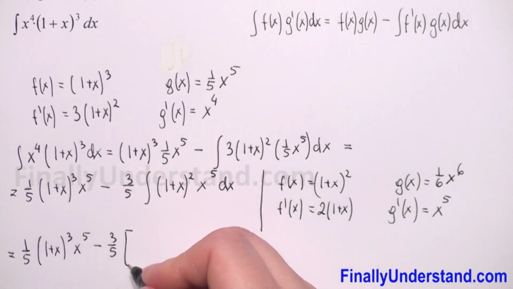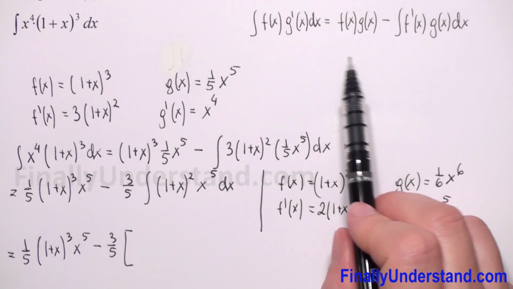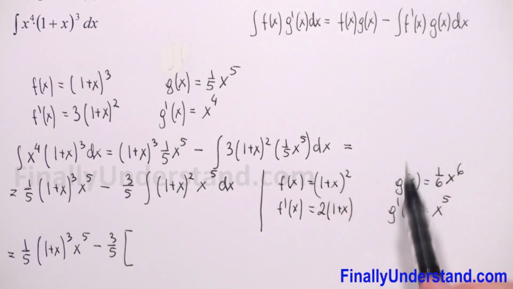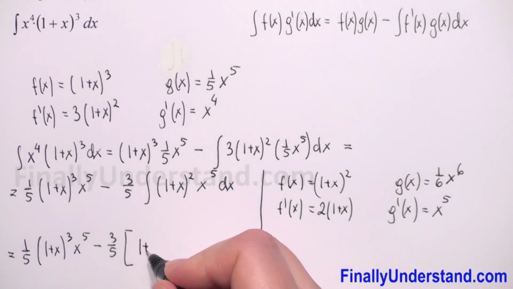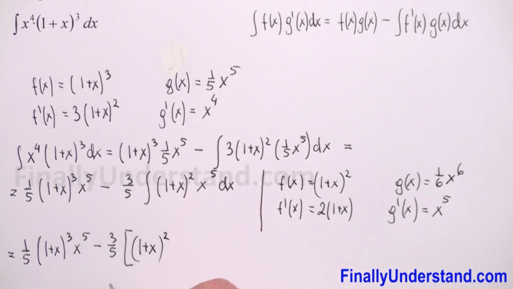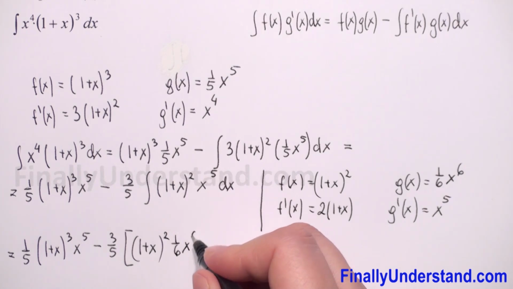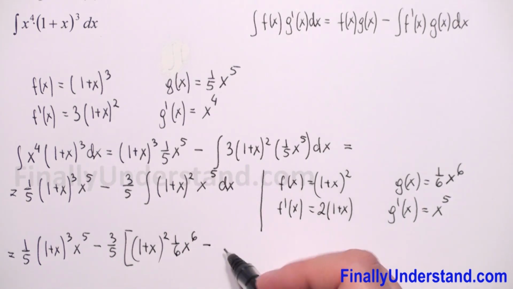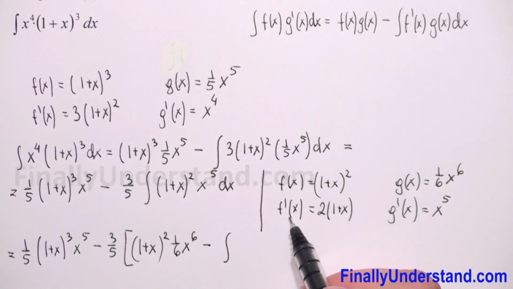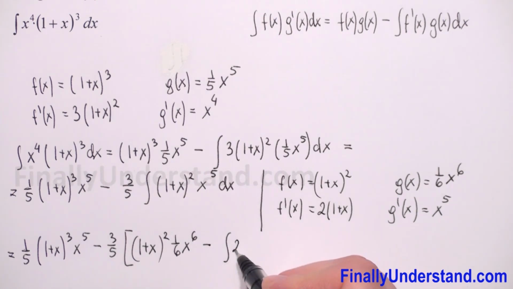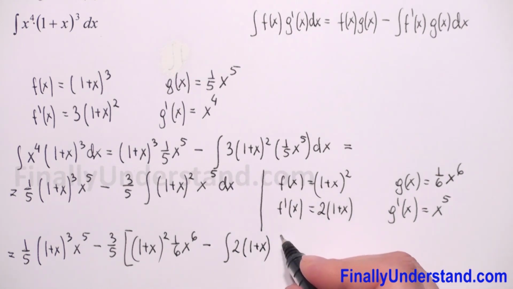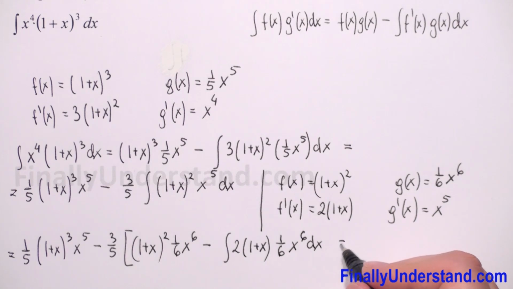Now we'll open brackets, and we just substitute into our formula. f times g, so we have (1 plus x) squared times 1 over 6 x to the 6th power minus the integral of f prime, which is 2 times (1 plus x), times g, which is 1 over 6 times x to the 6th power, with respect to x. We have to close brackets.